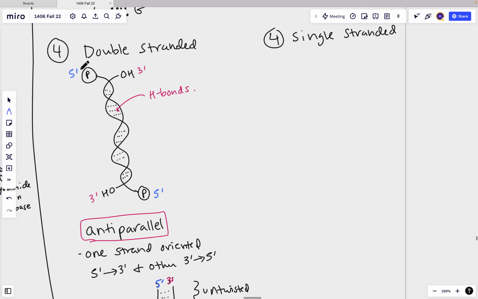So we've got single-stranded RNA, 5' phosphate on one end. Then we have the nucleotides, the ribonucleotides. And then we have the OH on the other end. So it also has polarity to it. You may see this folded on itself.